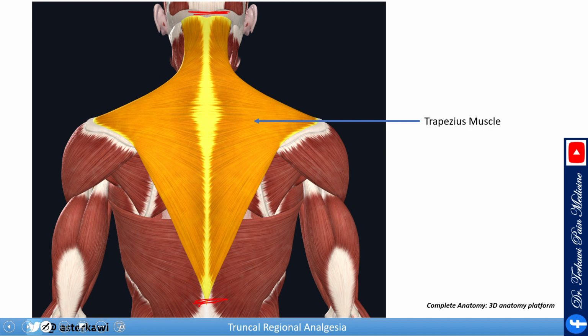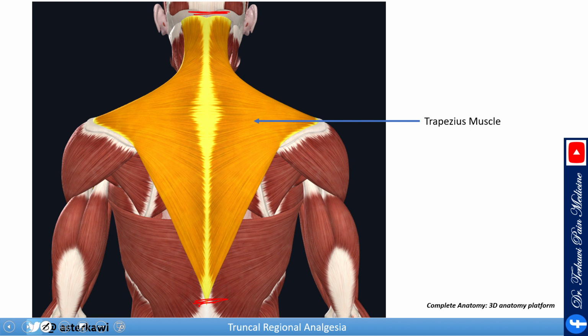And then it attaches laterally to the lateral third of the clavicle, acromion, and spine of the scapula. This important muscle is supplied by cranial nerve 11, or the spinal accessory. The function of this muscle is to elevate, retract, and rotate the scapula.